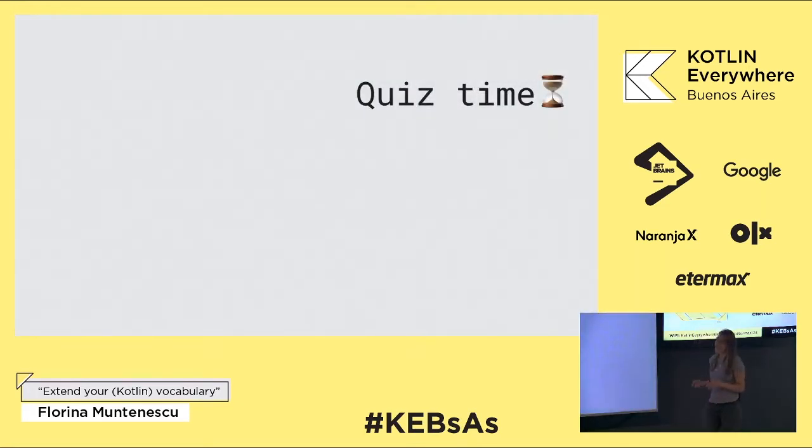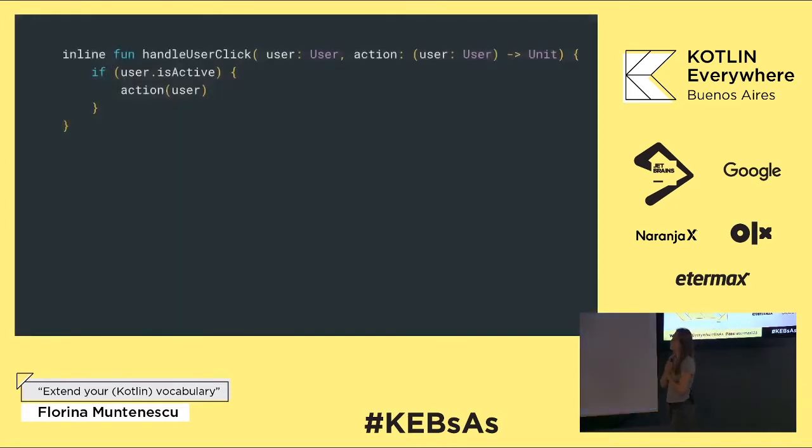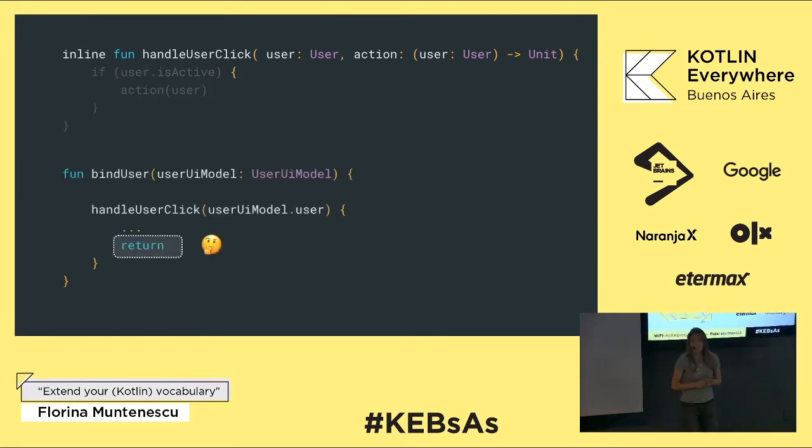So let's see what happens in some cases. Okay, so we said that we have our inline handle user click function. Let's say that in our bind user, we're directly calling handle user click, and we put a return there. What happens with this return? Where will it return?